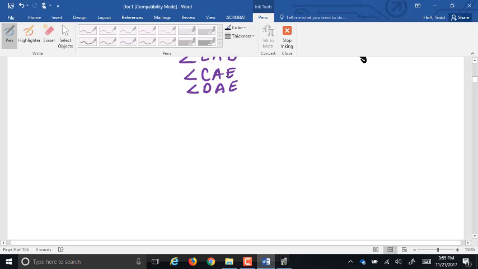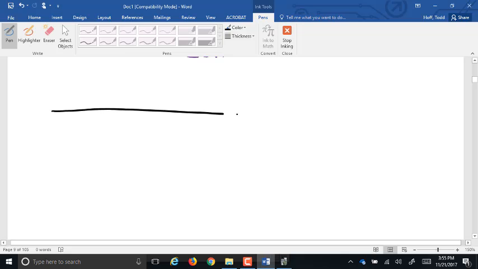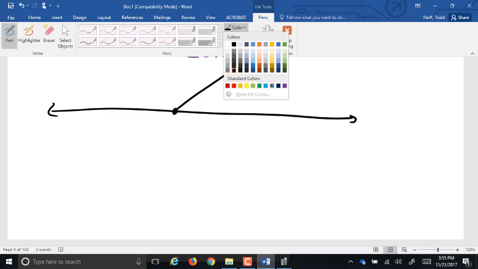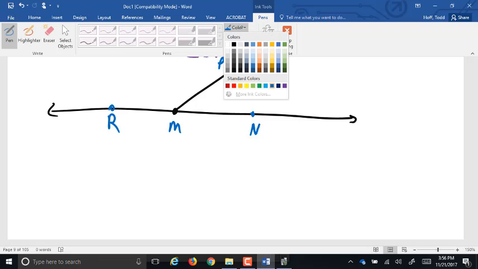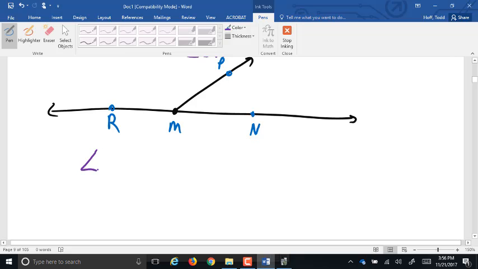Now, some special relationships here. So pretend the first one's a straight line and I have that extra ray coming off of it at point M. So here I have angle RMP is 142 degrees.